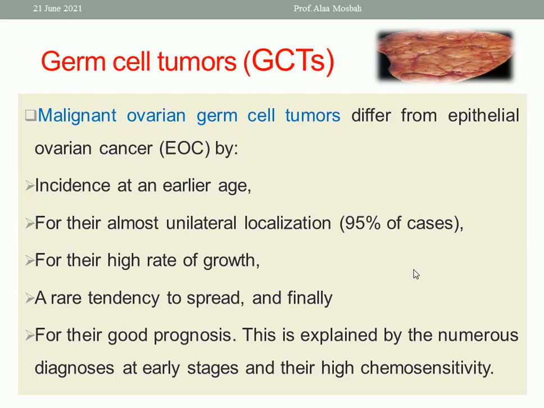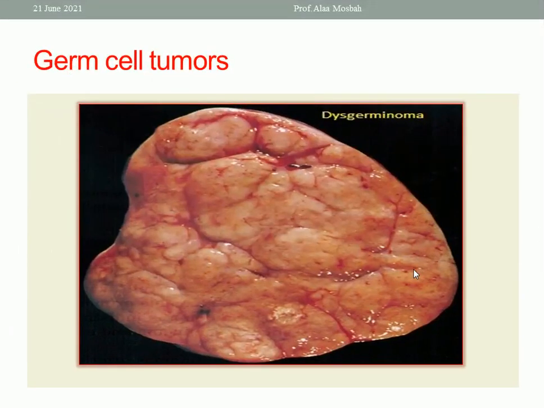Their good prognosis is explained by the numerous diagnoses at an early stage and their high chemosensitivity. Many of the cases are diagnosed as stage 1, so can be managed conservatively, and this is good because it affects the young age, as we mentioned before. This is the picture of dysgerminoma, how it looks.